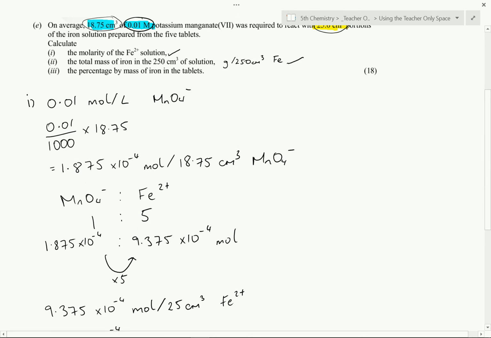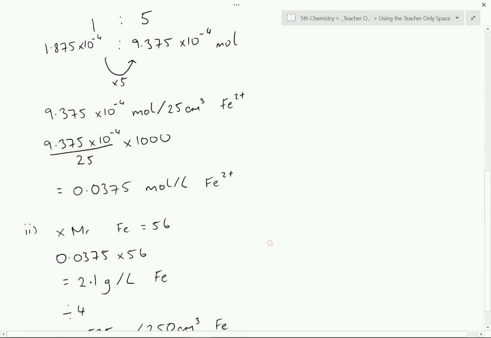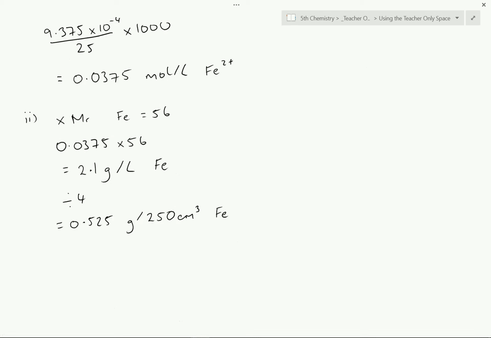Part 3 then says the percentage by mass of iron in the tablets. So I need to find out the mass of iron in each tablet. Now when the person who did this experiment made up the solution, they dissolved a certain number of tablets in 250 mils of solution.